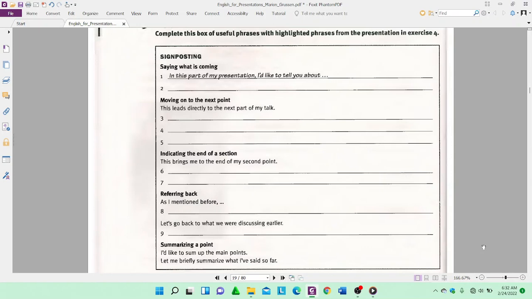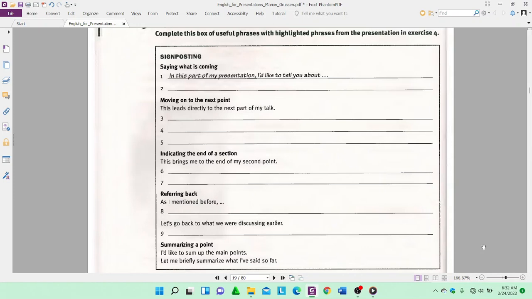And without signposting, they might be confused and they might not be able to follow our explanation, because usually in our main parts we divide our main points into several points, and by giving the signposting, we tell them that we are still talking about point number one, or we have moved to point number two.